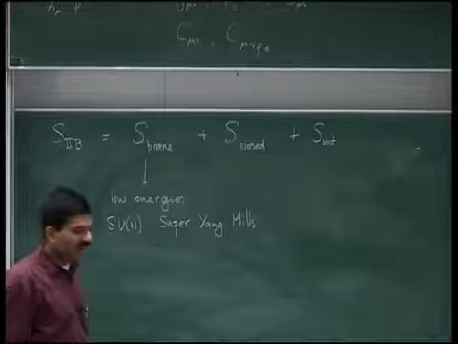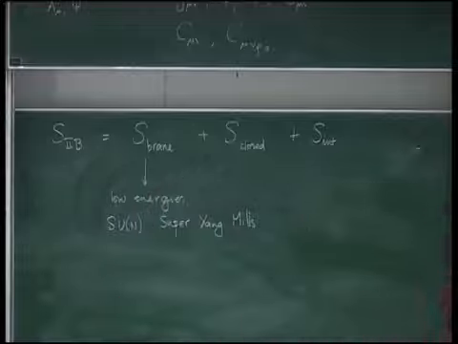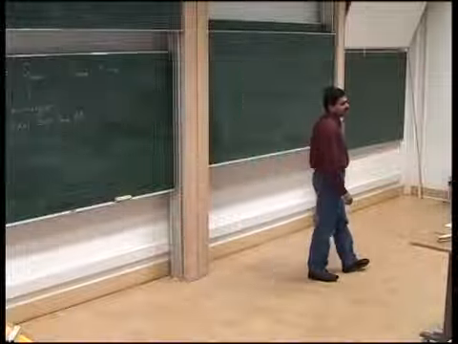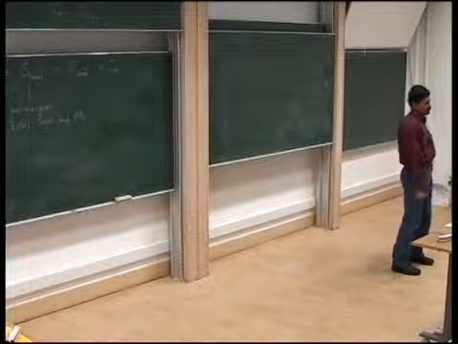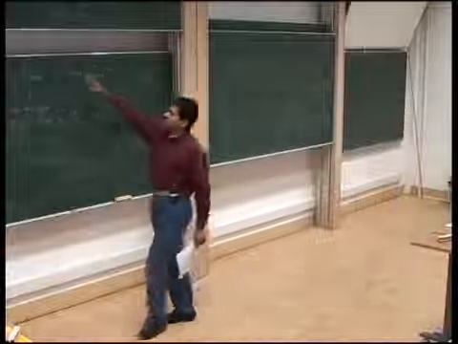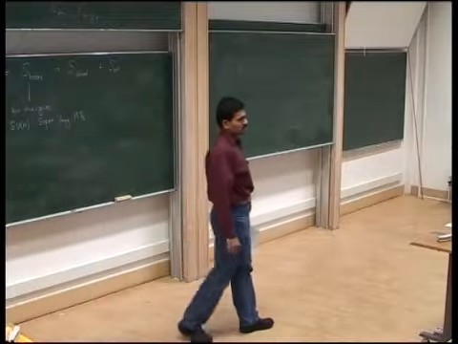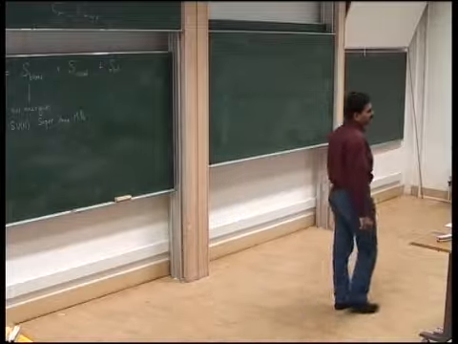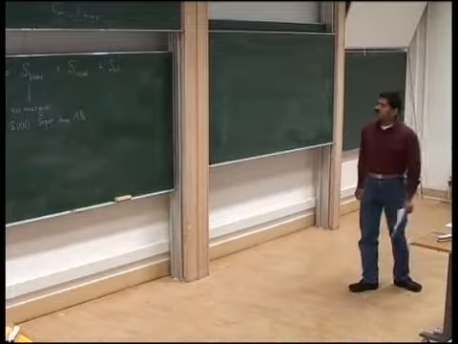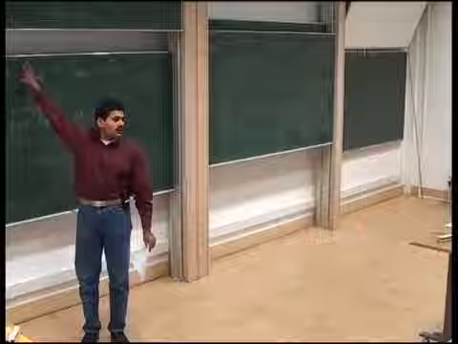Everything interacts gravitationally, and gravitational interactions are set by Newton's constant in 10 dimensions. So if I want to decouple the physics on the brane, I just need to switch off Newton's constant. If I send Newton's constant to 0, then the gravitational interactions no longer talk to the brane.